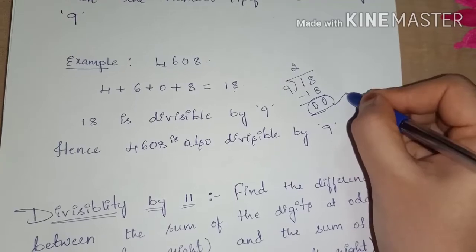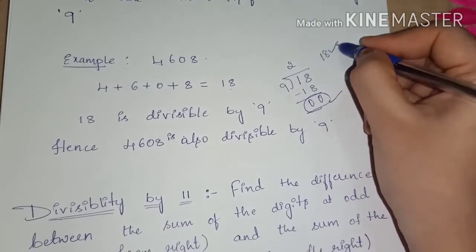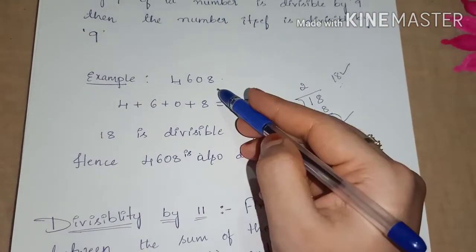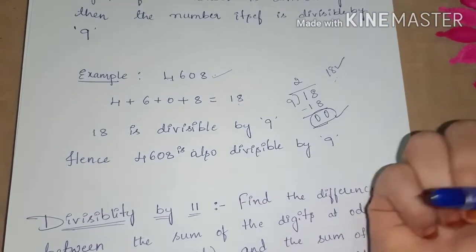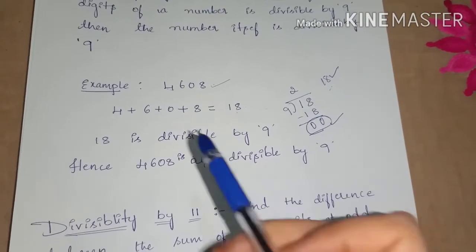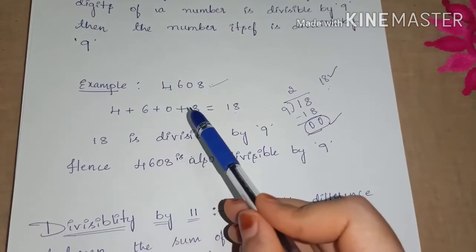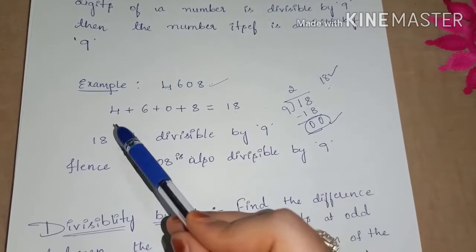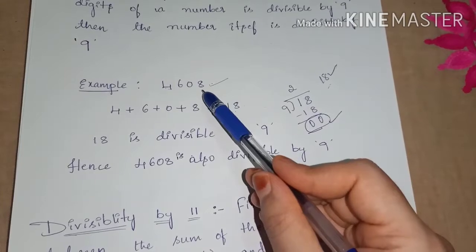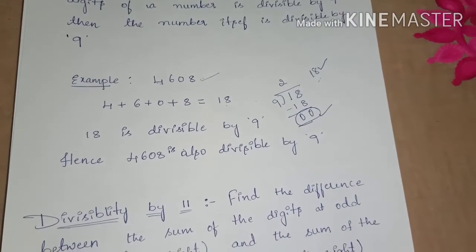If the remainder is 0, it means 18 is divisible by 9. If 18 is divisible by 9, then 4608 is also divisible by 9, because the rule says that if the sum of the digits of a number is divisible by 9, then the given number is also divisible by 9.